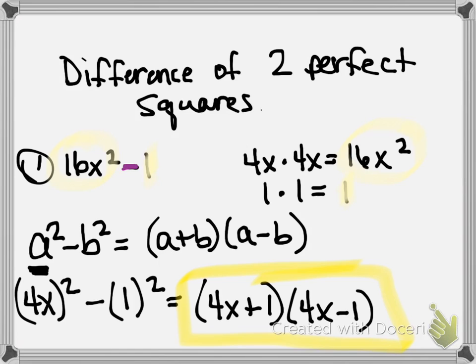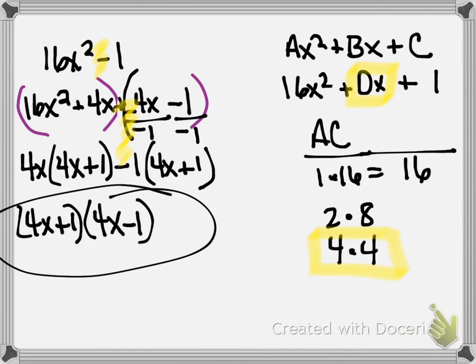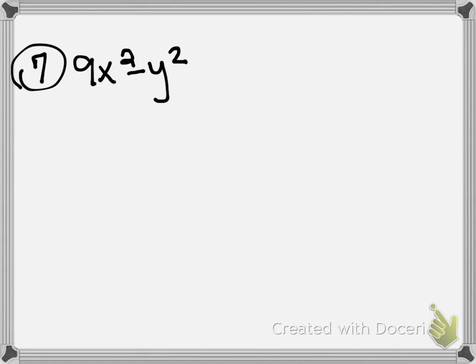So let's look at number 7. Number 7 says 9x squared minus y squared. Well, what is actually being squared in the front? Isn't that 3x quantity squared minus y squared?